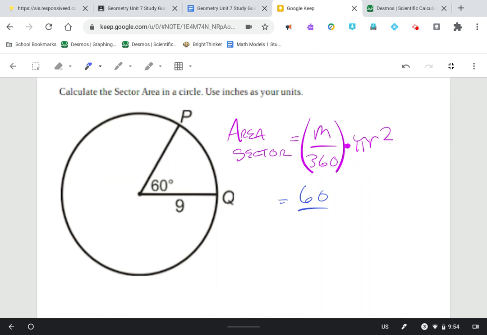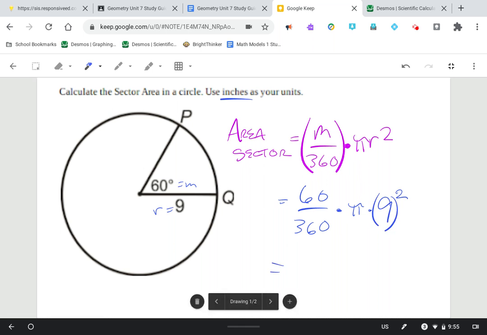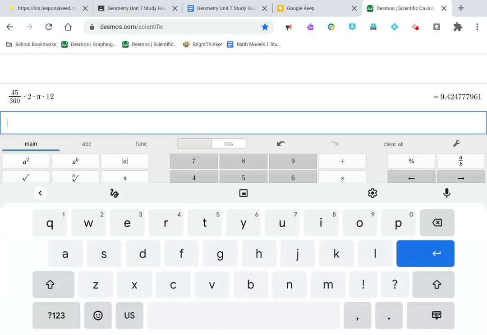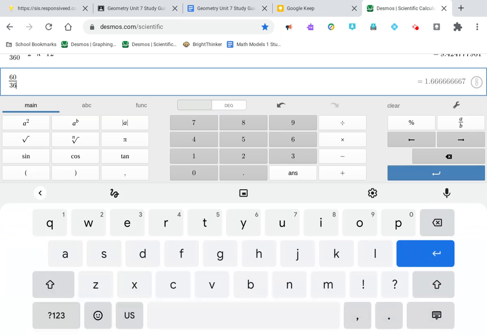So we have 60 over 360 times pi times, and then this was our m, this is our r. So we have inches, so we have 9 squared. That is the r value. So we plug all that in. Then we're going to type that into our calculator. So we're going to go 60 over 360 times pi times 9 squared.